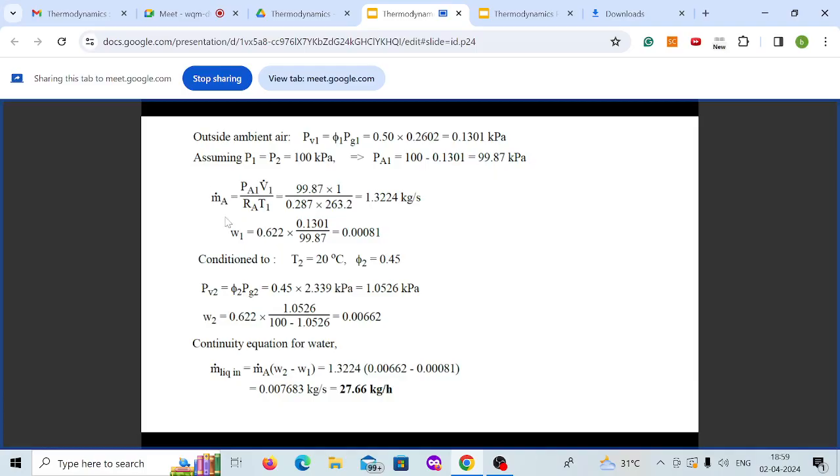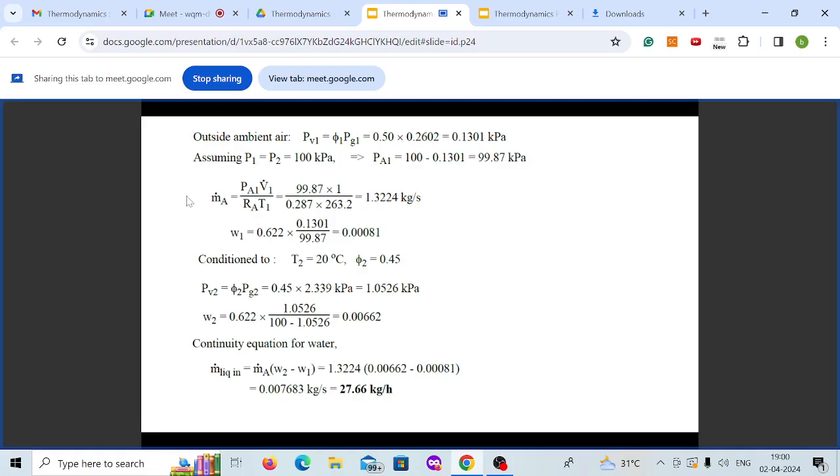Using this we can find the mass of dry air in the outside air which is coming in. So pressure times volume divided by R_A times T. Your pressure is 99.87 and your volume flow rate is given as 1 meter cube per second, divided by 0.287 times 263.2, that is the temperature.